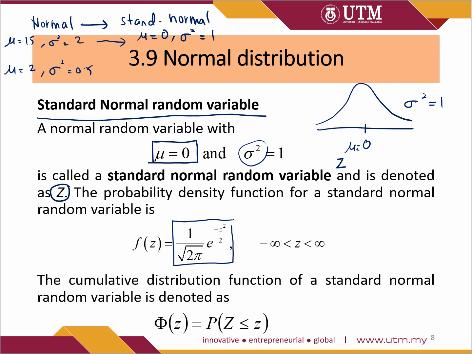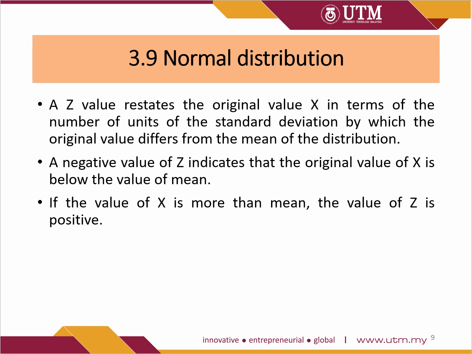So how can we use the standard normal random variable? A z value restates the original value x in terms of the number of units of standard deviation by which the original value differs from the mean of the distribution. A negative value of z indicates the original value of x is below the mean.